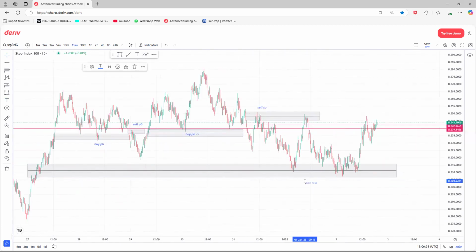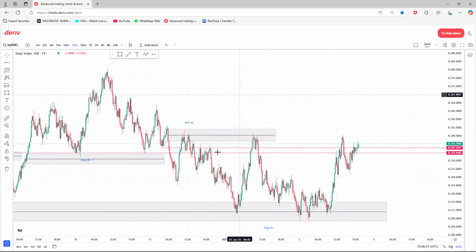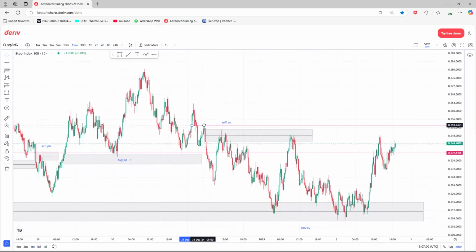So let me write it down. We have a buy setup, given obviously its overall direction, so it's going to continue going that side. So buy setup going there. Let's say now price is breaking that sell setup, which is this here.